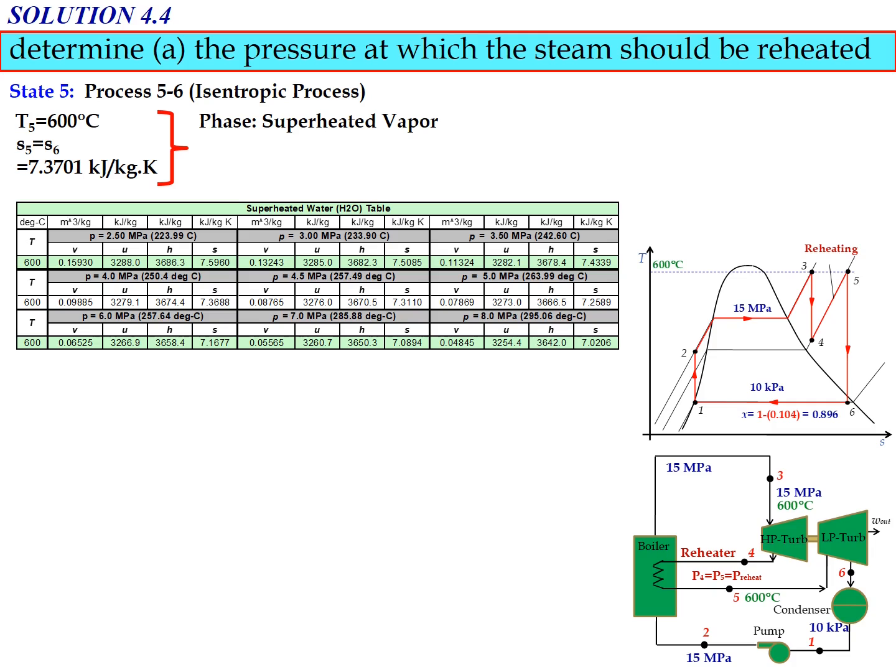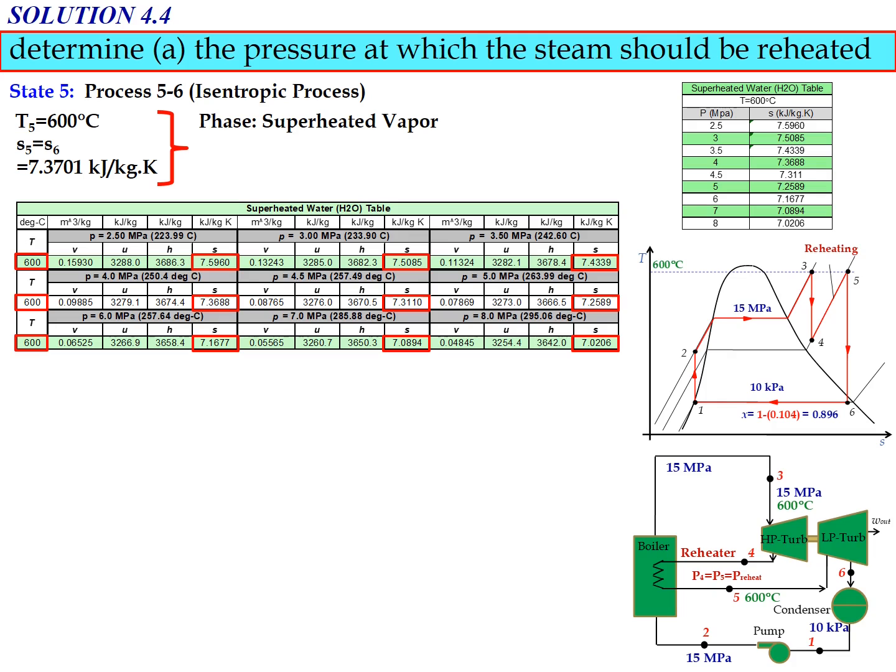So for example, in the table for pressure at 2.5 megapascal at 600, you extract the value of S. And then for the next table at 3 megapascal at 600, you extract the value of S. And you need to create your own table in terms of pressure value and also entropy value at a constant temperature of 600 degrees Celsius. So the second table shows the column for the pressure and also the column for the entropy.